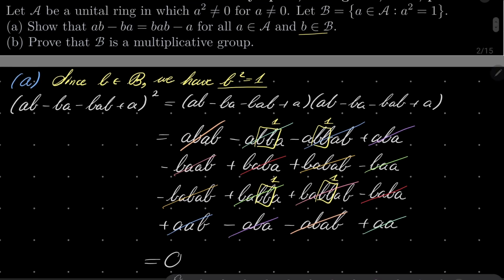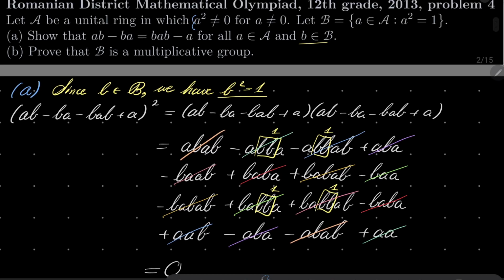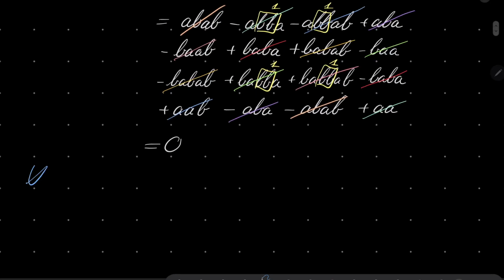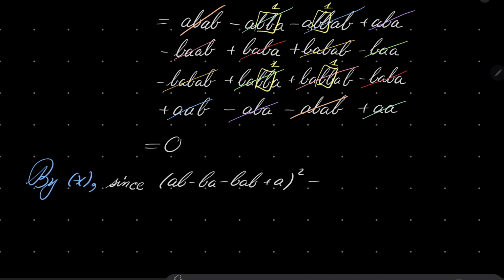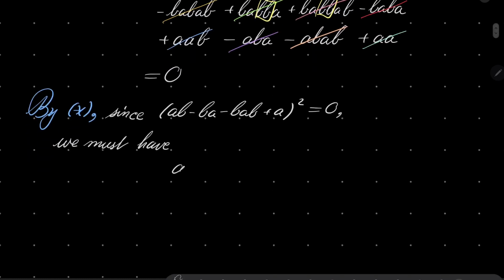And now we'll use this crucial property that A squared is not 0 for elements which are not 0. I will call this condition asterisk. By asterisk, since AB minus BA minus BAB plus A, squared, is 0, we must have AB minus BA minus BAB plus A equals 0.